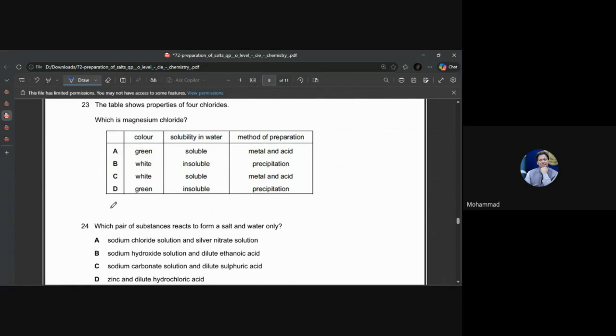This is magnesium chloride. What do you know about the solubility in water?